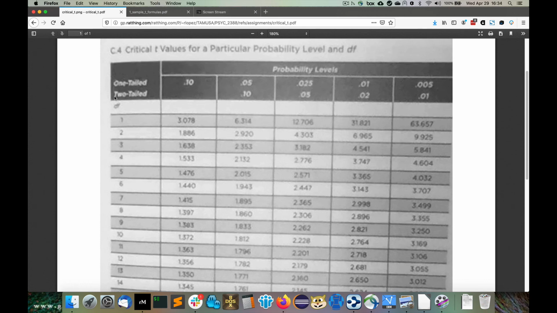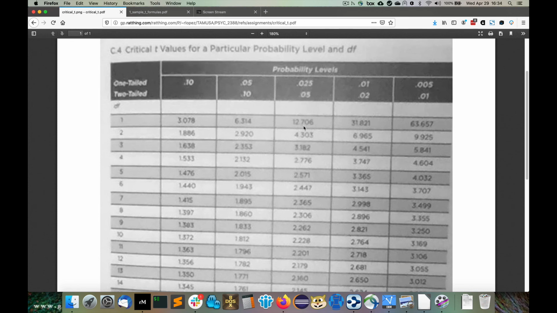Okay? So first you pick one-tailed or two-tailed. Right here, it's two-tailed. So we're going to use the second row of numbers here. Then you go to the alpha level, which is right here, 0.05. Could be 0.01 also on some problems, but in this problem it's 0.05.